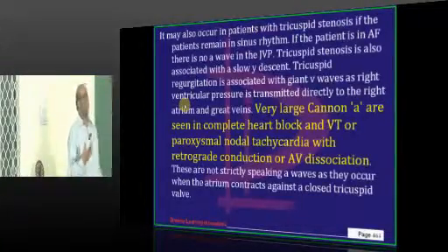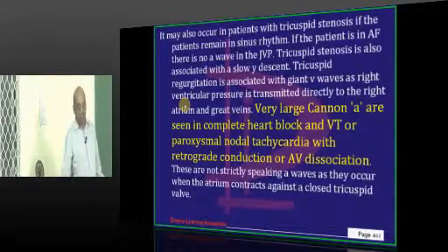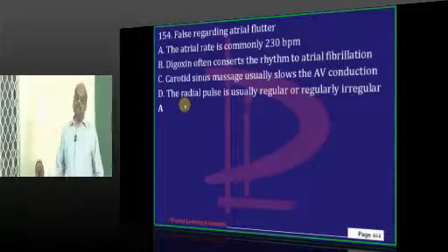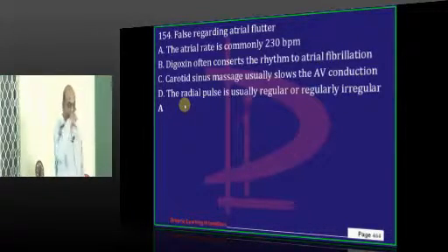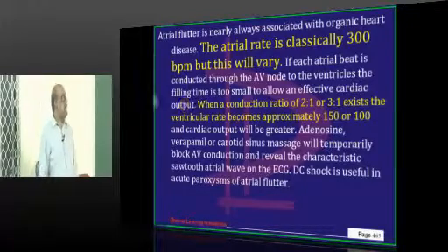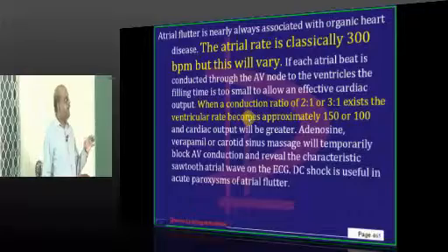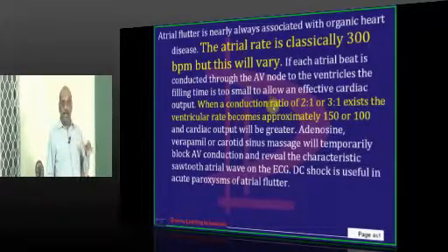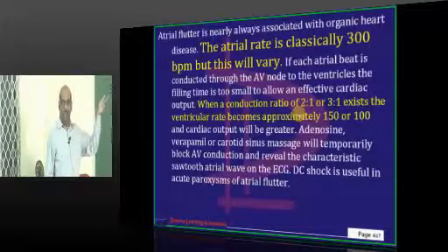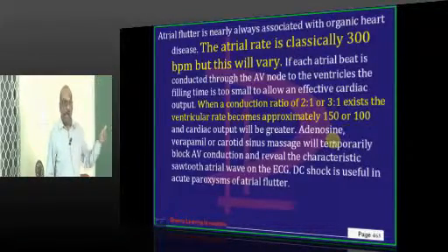Where do you find large cannon A waves, doctor? Complete heart block, VT, paroxysmal nodal tachycardia, etc. Coming to atrial flutter. Typically, the atrial rate is classically 300 BPM. But flutter will create some amount of AV nodal conduction block, and the ventricular rate will be half, 2:1, or 3:1, one third of the atrial rate, and that will be either 150 or 100.